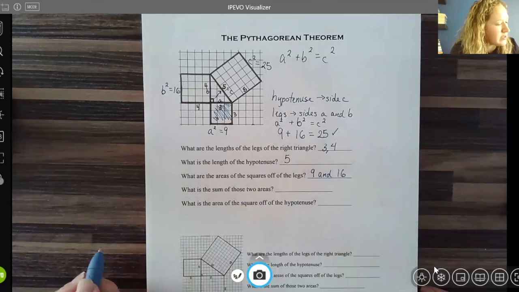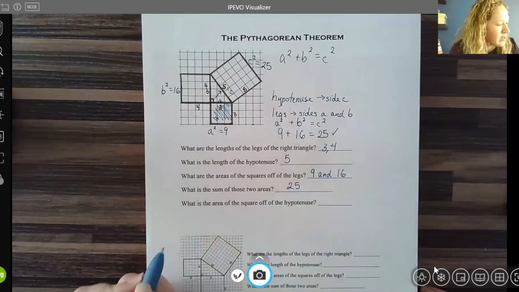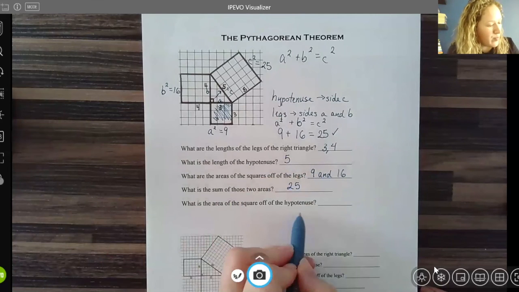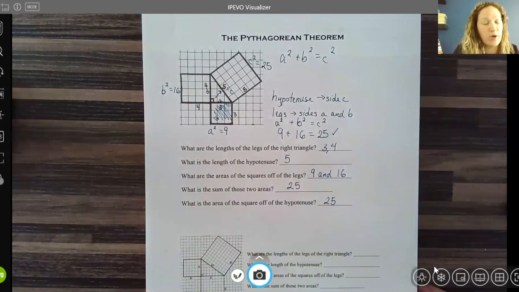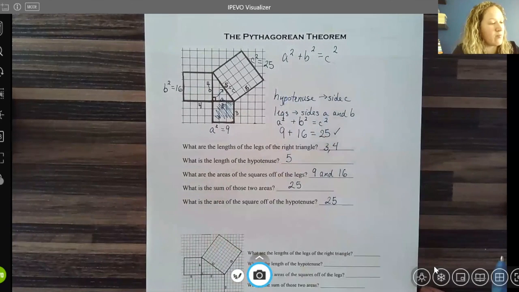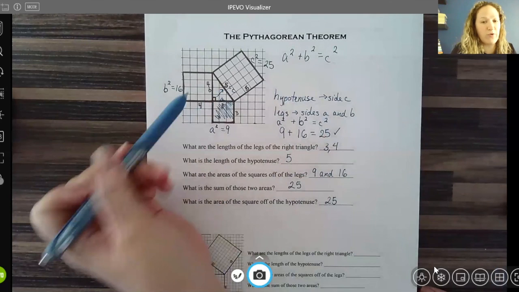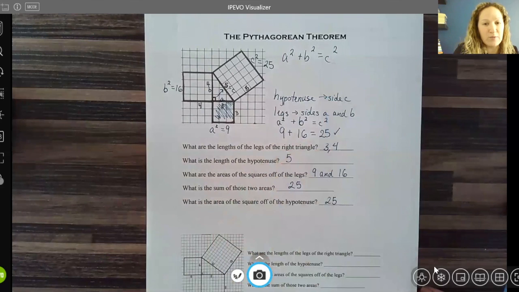And then what is the sum of those 2 areas? 25. What is the area of the square off of the hypotenuse? 25. Okay, so that's why this Pythagorean theorem is great for us. If we are ever missing one of these pieces of information, this equation right here will help us find the missing piece.